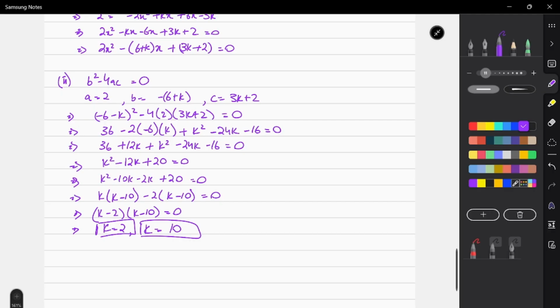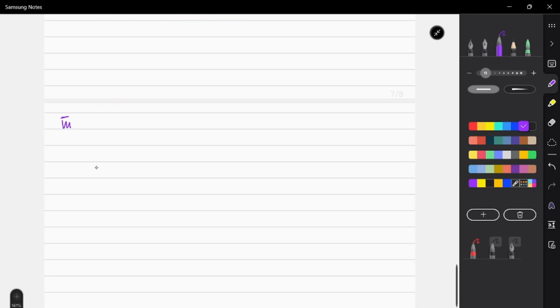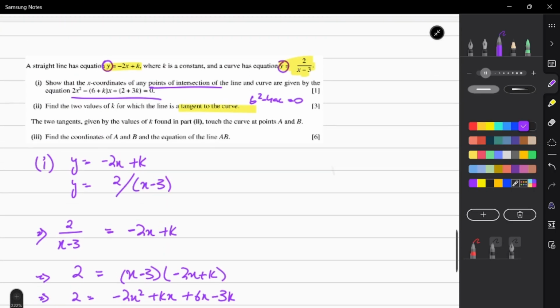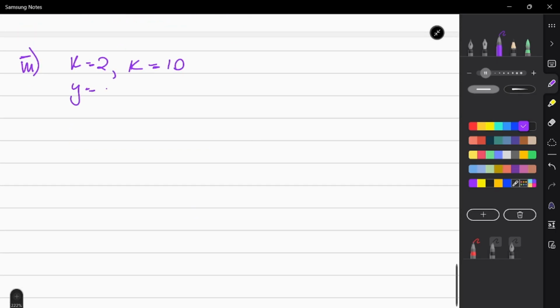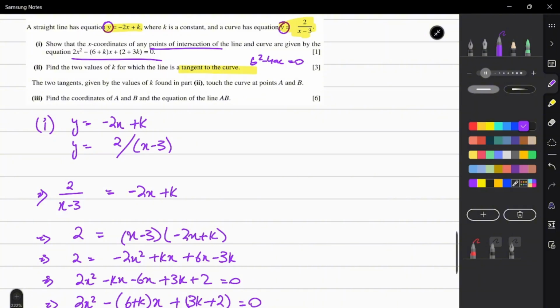Since we have two values of k, k is either equal to 10 or 2, and the equation of the line is y is equal to minus 2x plus k. And this is a 6-mark question, so yeah, it's a pretty long one. So find the coordinates of A and B and the equation of the line AB.